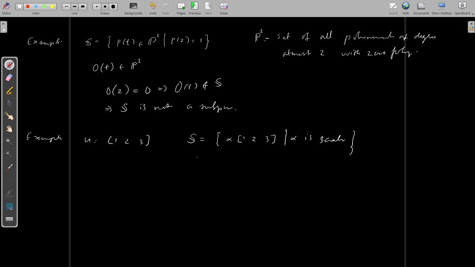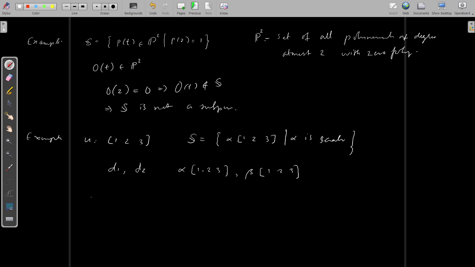In order to verify this is a subspace, we take arbitrary scalars d1 and d2 and two elements from this set, alpha times (1, 2, 3) and beta times (1, 2, 3).